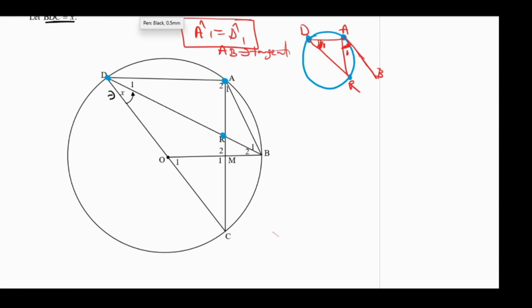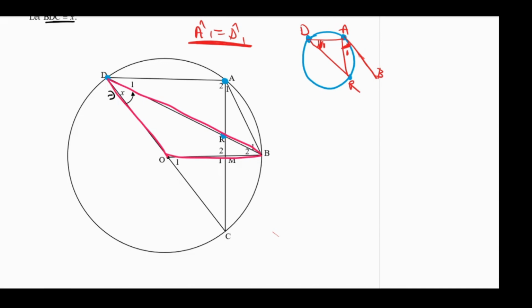So the first thing you can do here is this. Let me erase this first. So this is what we're proving, just don't forget, we're trying to prove this. So what we're going to do is underline this triangle here. I want you to see this one here.